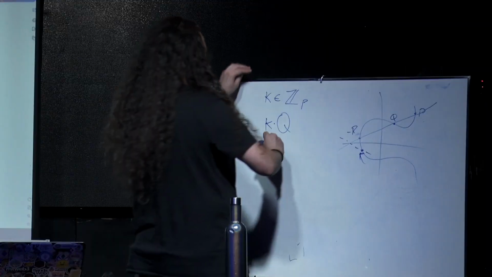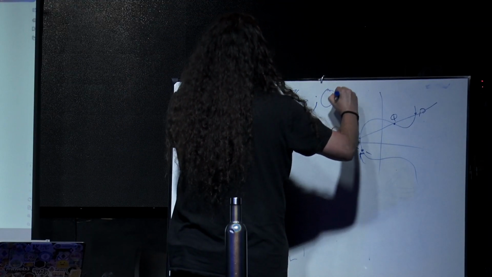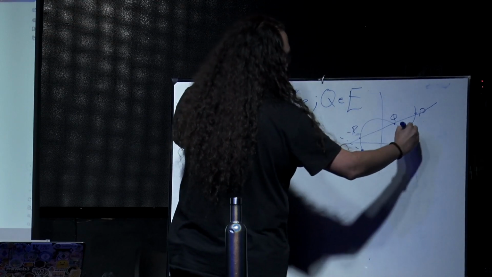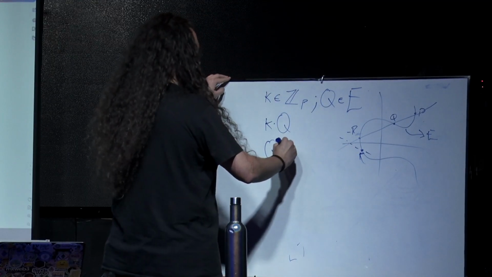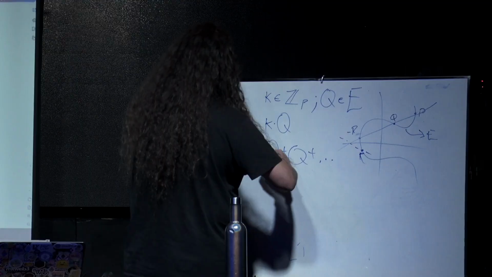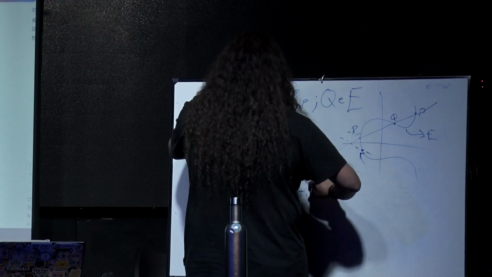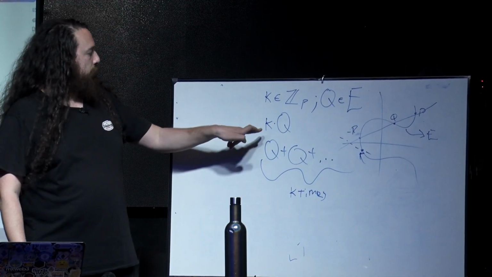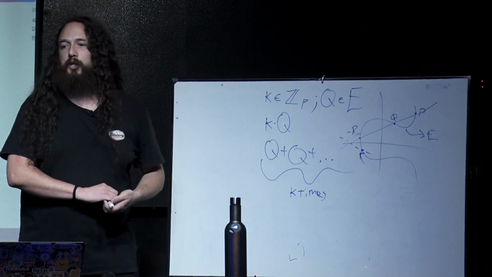That I will be adding Q to itself. So Q is in the curve, which we'll call E. E is this thing here. Q plus Q plus Q, k times. Right? This is the product, what we obtain when multiplying a number by a point in the curve.